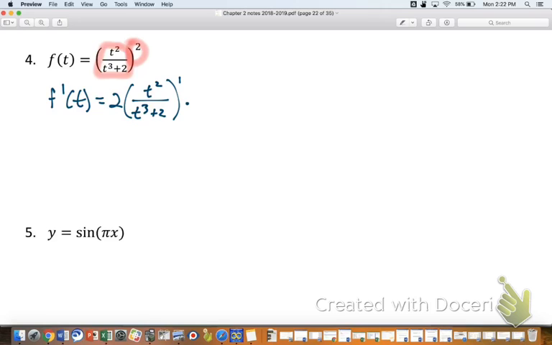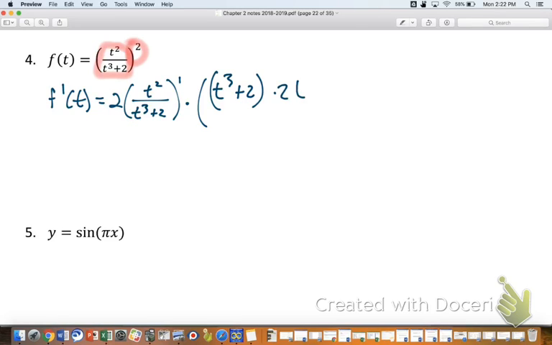But then I've got to multiply by the derivative of the inside. And that's where identifying that that's a quotient earlier will be very helpful. To differentiate a quotient, you've got to use the quotient rule. So the quotient rule is low d high minus high d low over the square of what's below. Is this making sense? Okay. So low would just be t cubed plus 2.